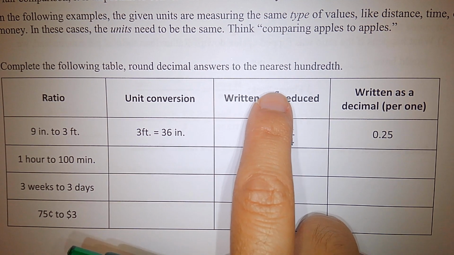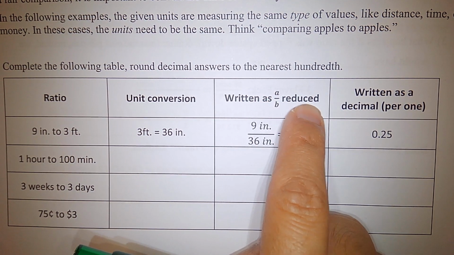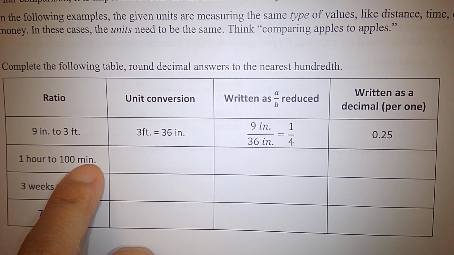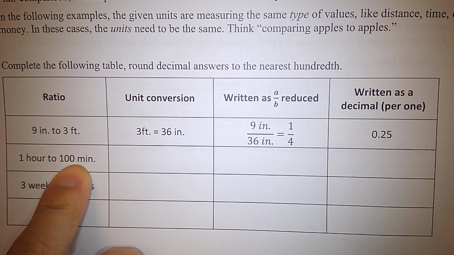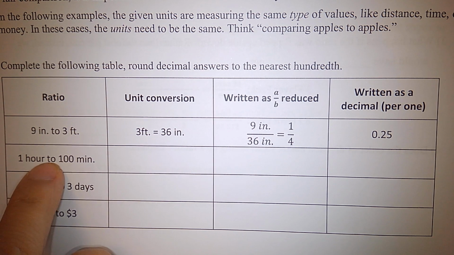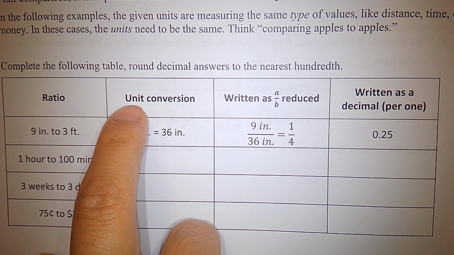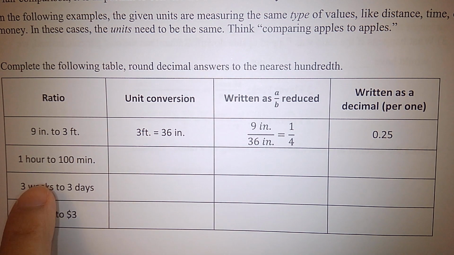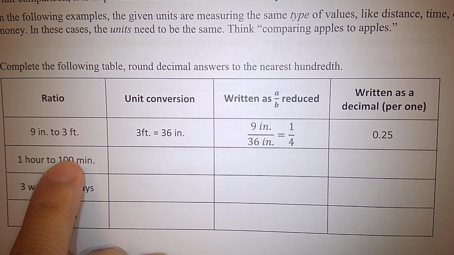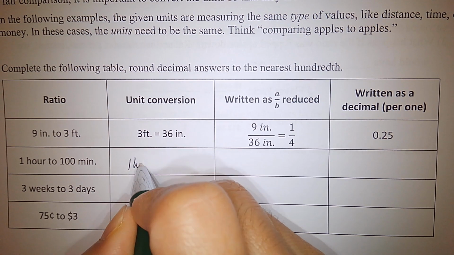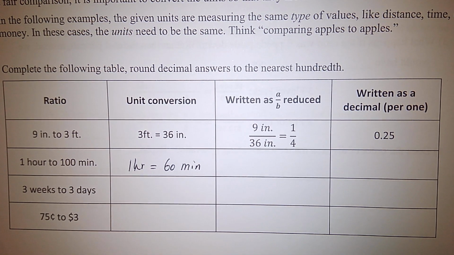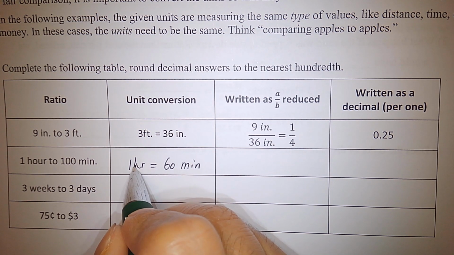Well, if we want to write them in reduced form or decimal number, the two quantities must have the same unit here in this question, okay? So 1 hour to 100 minutes, what is the unit conversion? What's the relationship between 1 hour and a minute? 1 hour equals what? 60 minutes, right? Everybody agree with that?